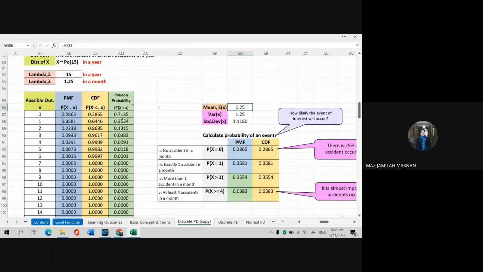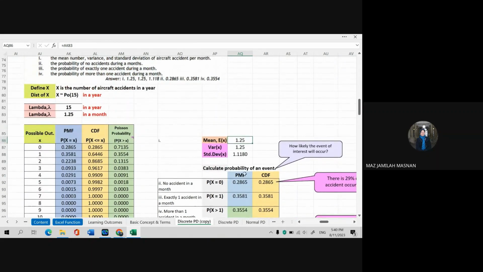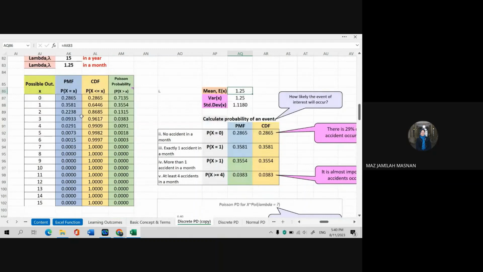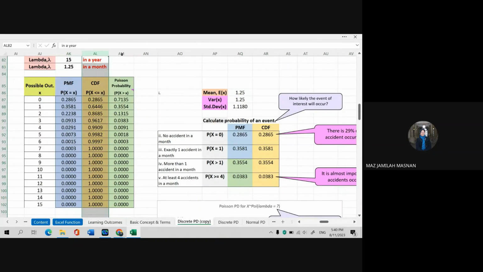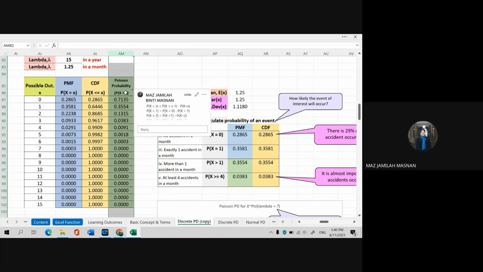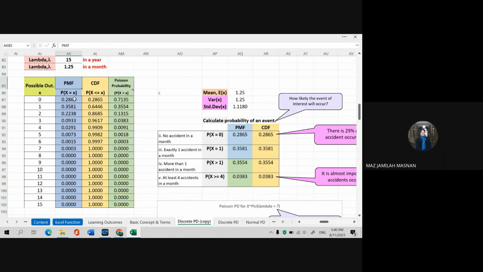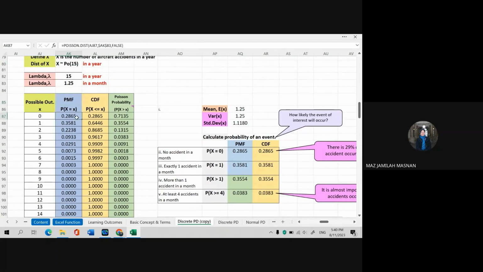Now, as usual, in order to answer your questions, we come up with three columns. The first column is for PMF, the second column is for CDF, and the third column is for the Poisson probability, reflecting X greater than a certain value of X. Now let us generate the first column using the PMF.